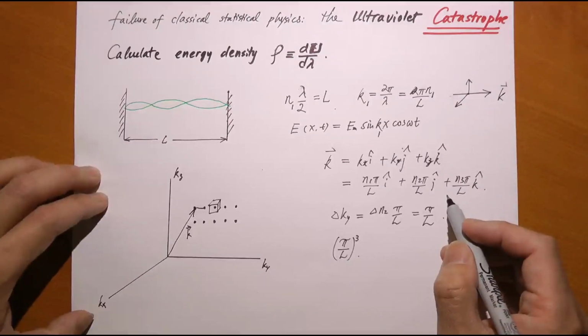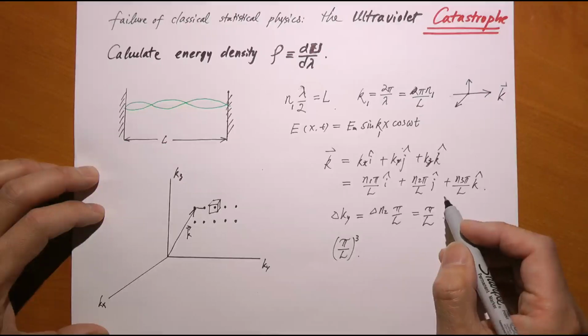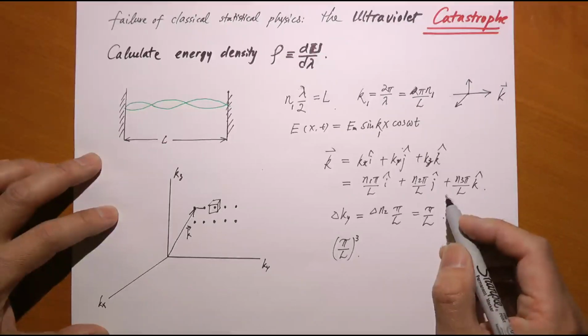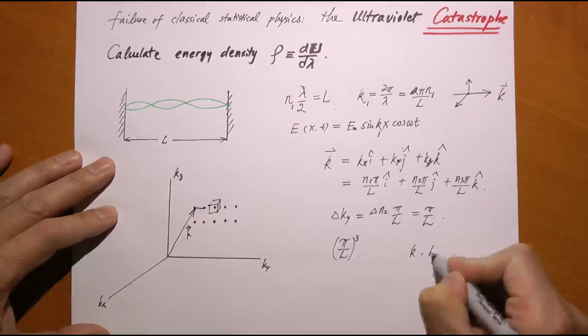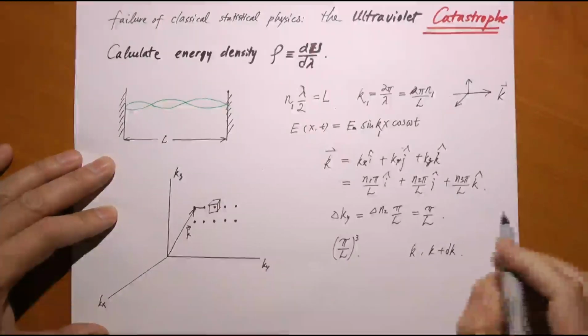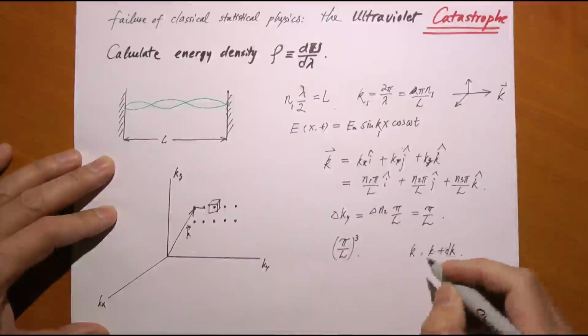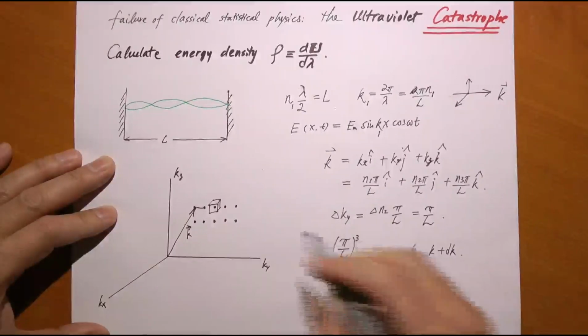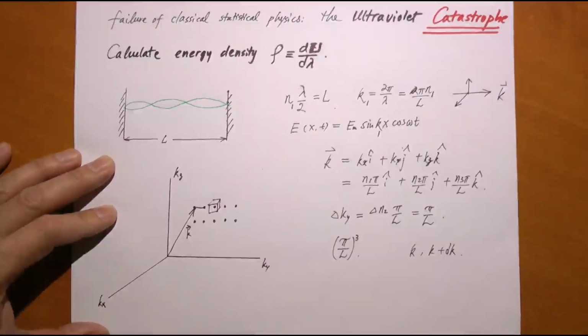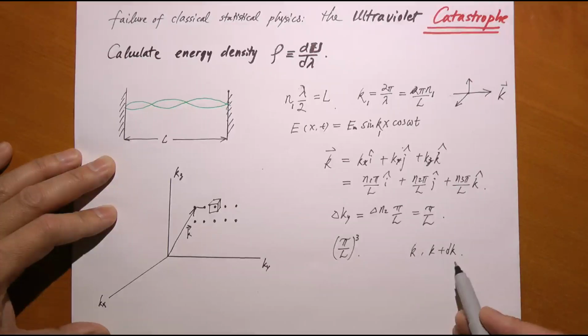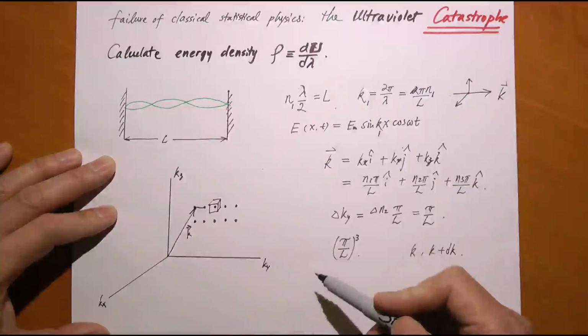So let us take a look at the following question. If the k vector magnitude varies between k and k plus dk, how many of these dots are there? Each dot, of course, can accommodate 2 different electromagnetic waves. Now, between k and k plus dk, what kind of geometrical region are we talking about in k space?